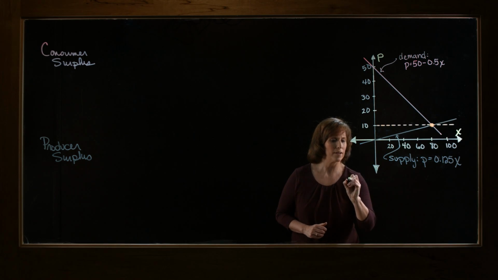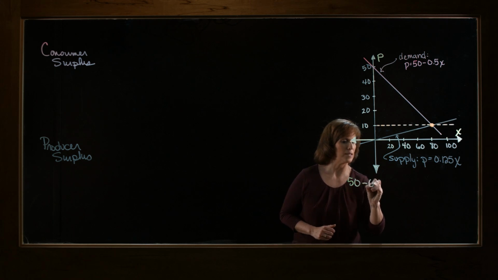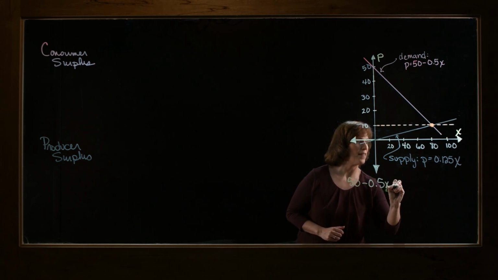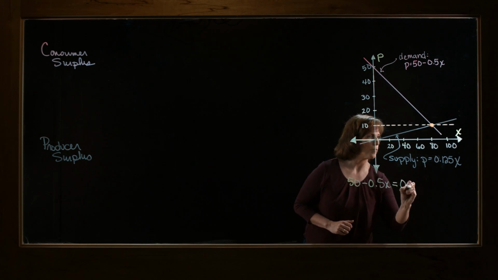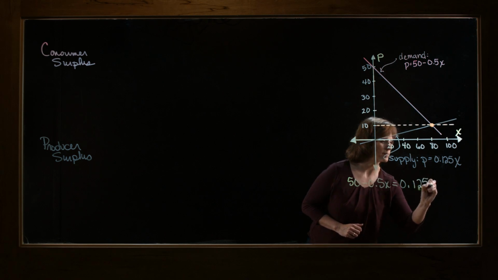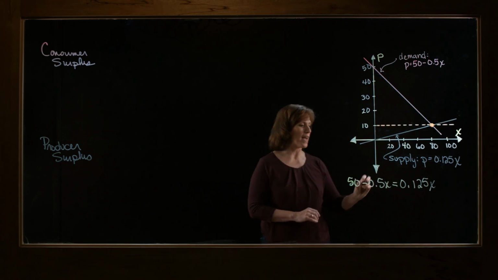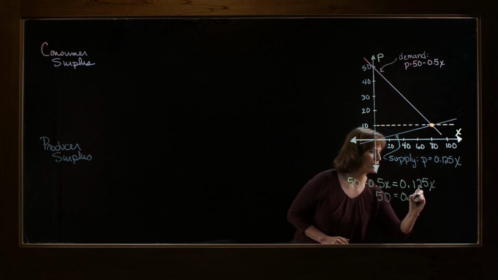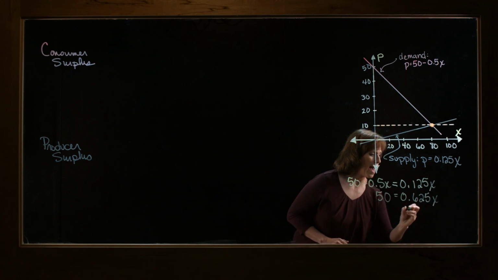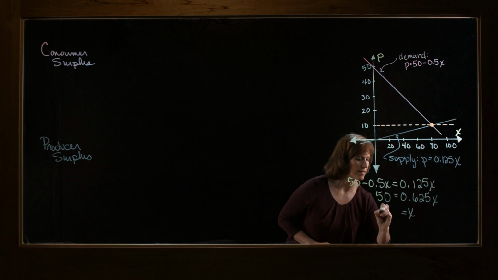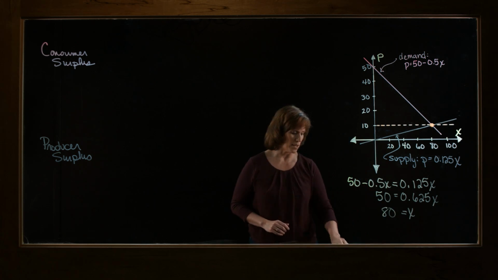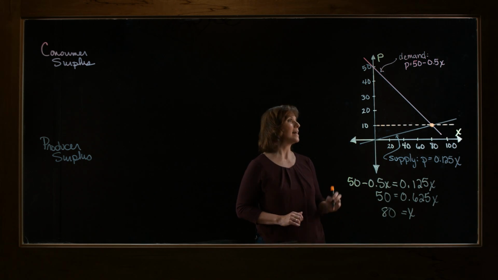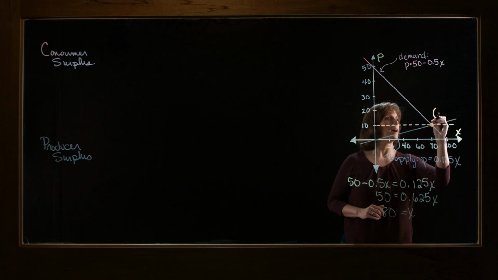So I'm going to have 50 minus 0.5x, and that's going to equal 0.125x. Getting all the x's on one side, I have 50 equals 0.625x, and that happens when x is 80 units. So my equilibrium point has an x-coordinate of 80.